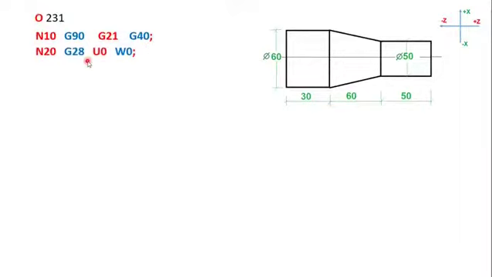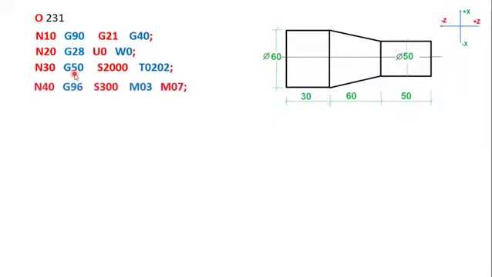Then we give G28 U0 W0, that is the machine coordinate system. Then G50 S2000 T0202. T02 means the second tool we are taking from the tool turret, and 02 is the offset. G50 is the maximum spindle speed of 2000 RPM. So the spindle cannot rotate more than 2000 RPM.